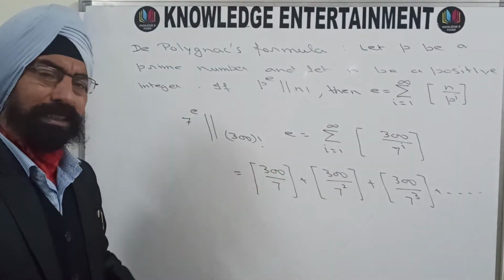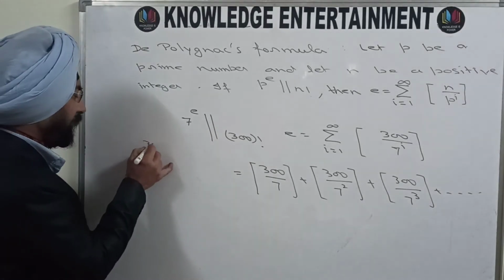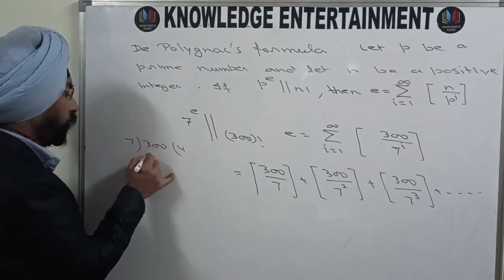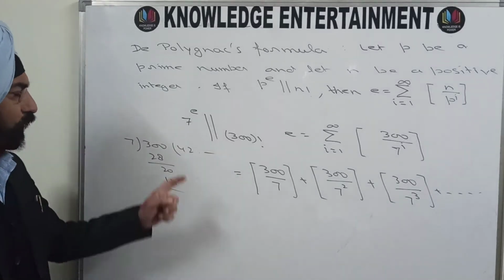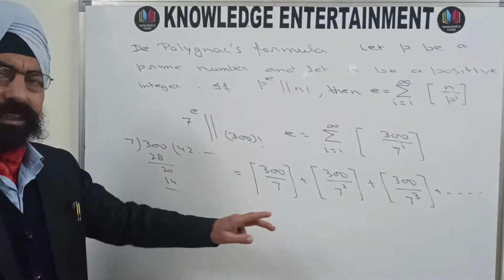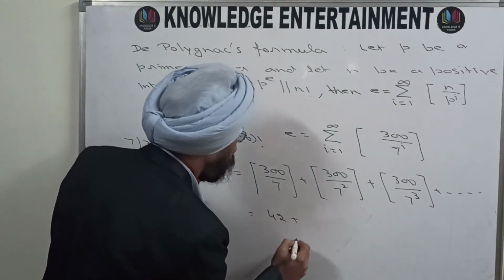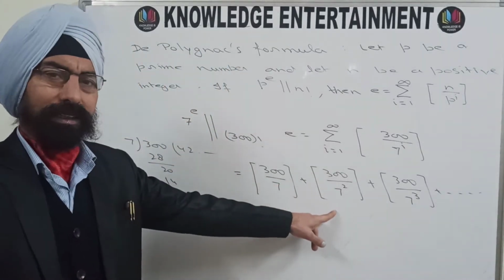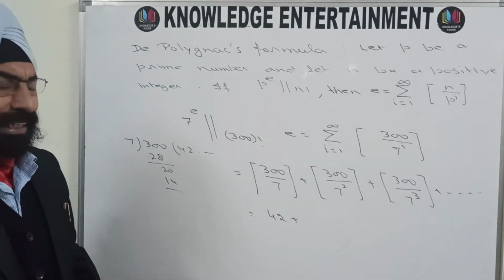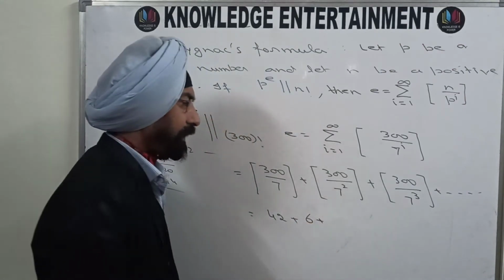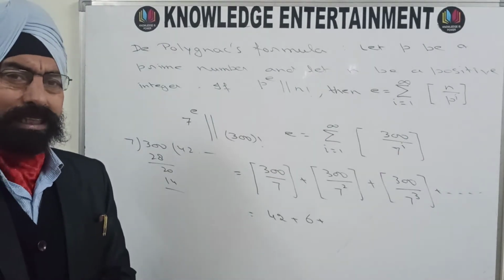Now 300 divided by 7, what is it equal to? If you divide 300 by 7, you will get 42 point something, and its greatest integer, that means its integral part, is 42. So it is 42 plus. Similarly, here you divide, it will become 6 point something, which means the integral part is 6. Then in the next it is 343, so you will get 0 point something, and 0 point something means the integral part is 0.